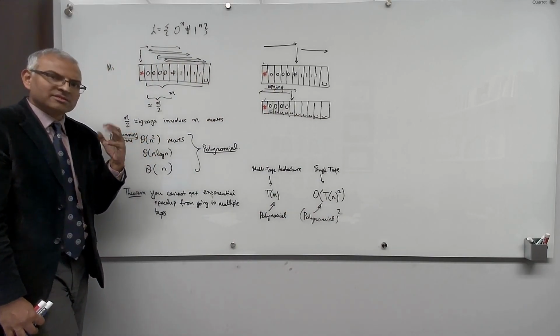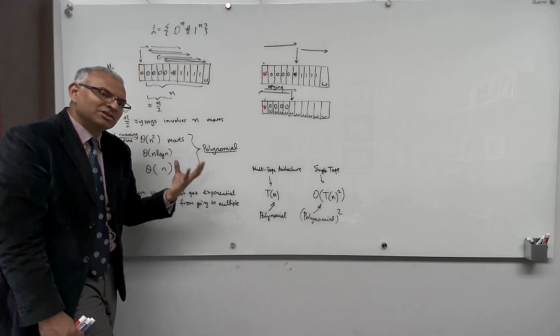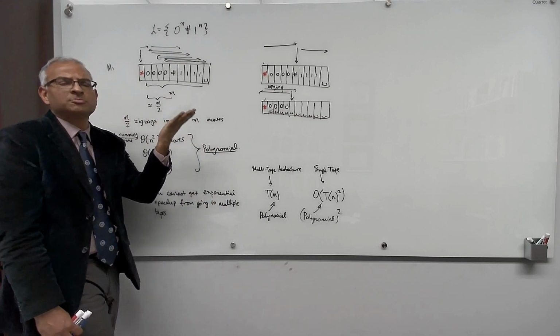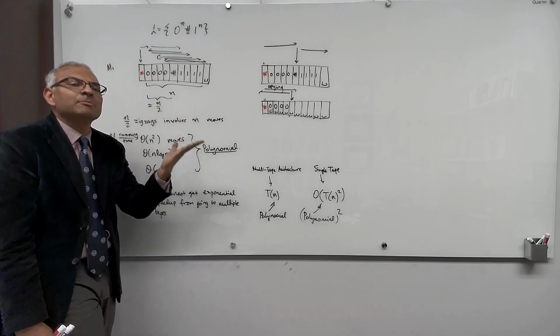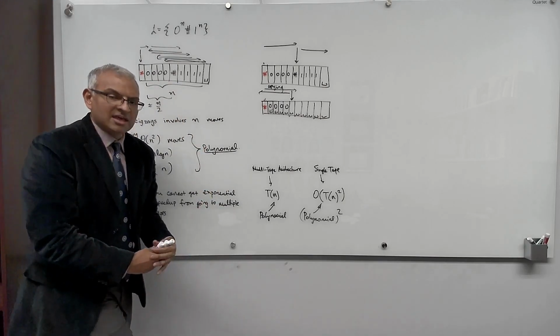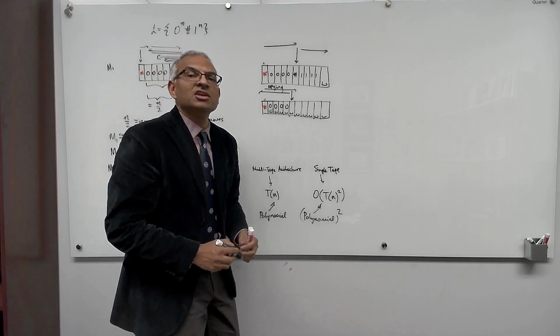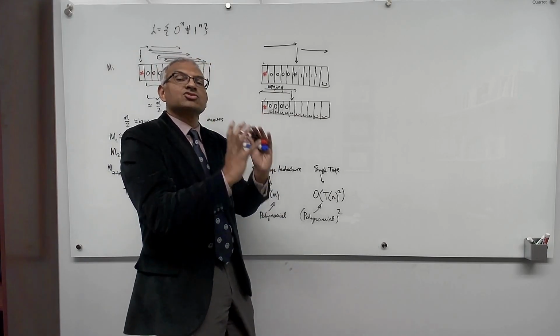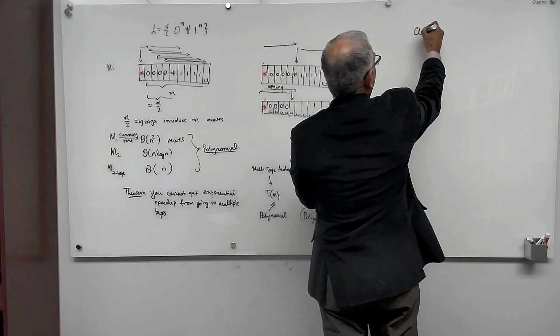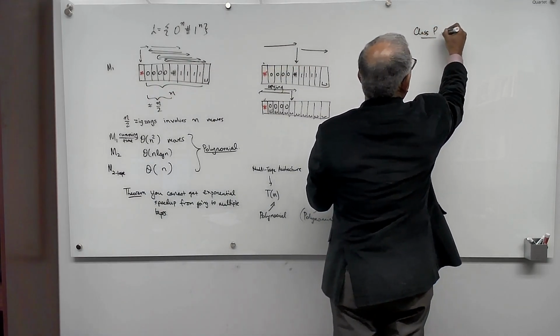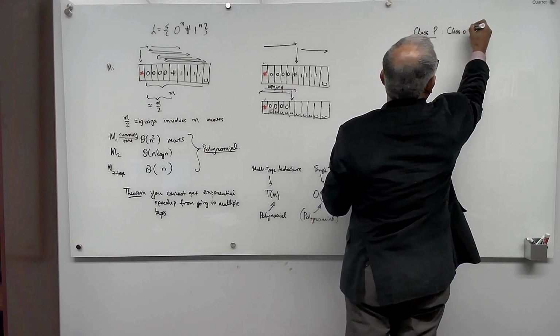So this leads us to define this robust notion of speed. We say that a problem can be solved quickly if it can be solved in polynomial time. That motivates the definition of the class P, the class of problems that can be solved in polynomial time.